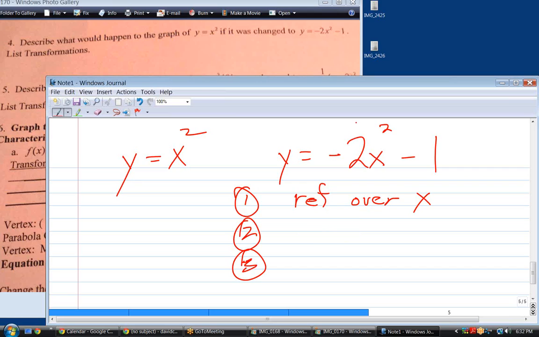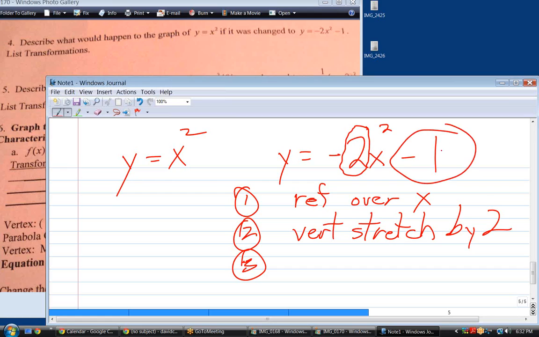Okay, what else is happening? What's the consequences of that 2 right there? Doesn't that mean there's a vertical stretch? Good. So it's a vertical stretch by a factor of 2. And finally, what's the consequences of that negative 1?